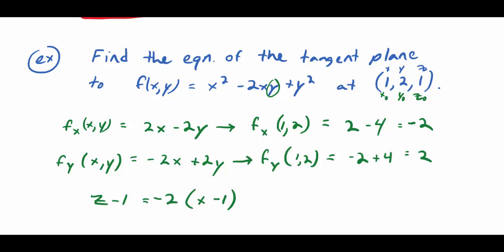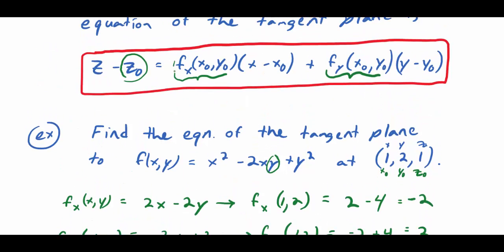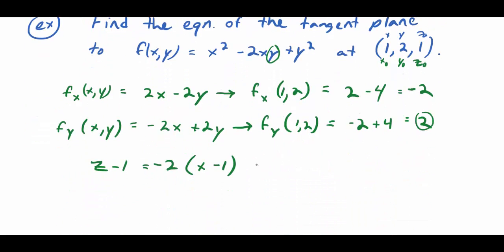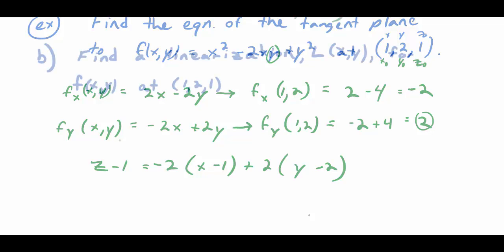And then plus the next part, the positive 2 times y minus y naught, which is y minus 2. And that's the equation of your tangent plane.